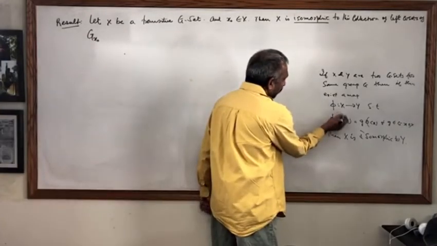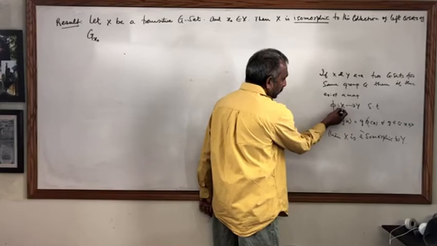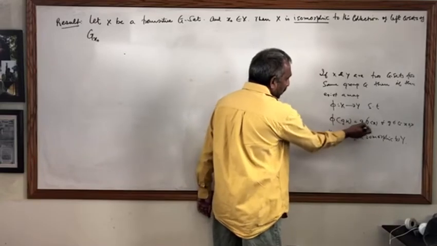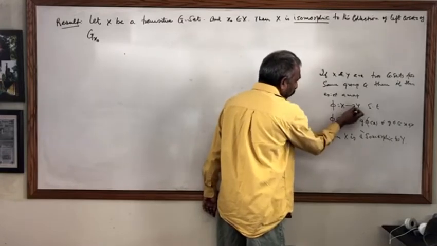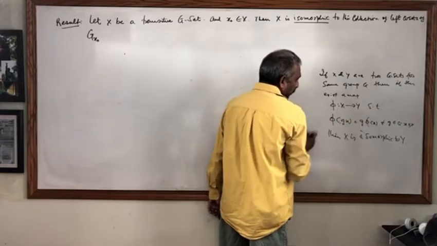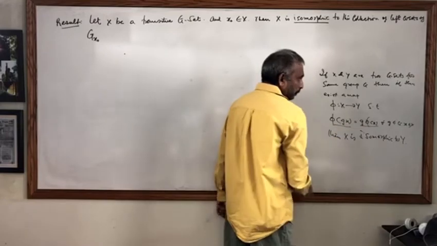Gx is from X, phi of gx is from Y, x is from X, so phi of x is from Y, so g of phi x is from Y. So this is from Y and this is also from Y.